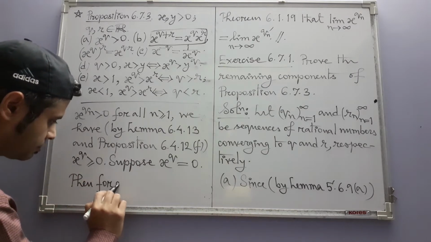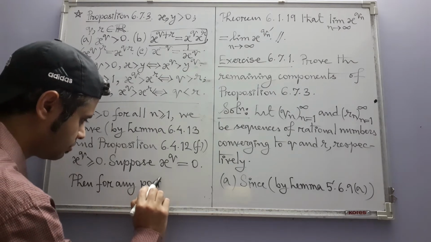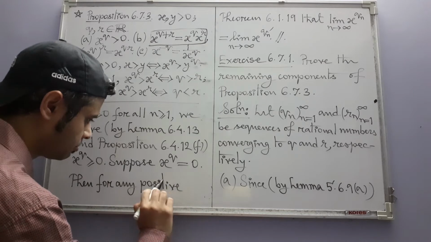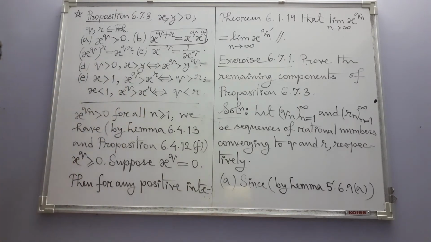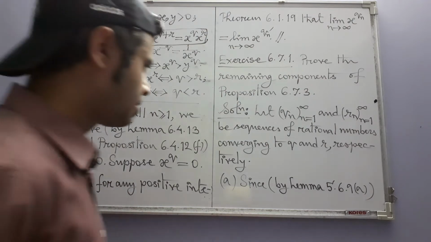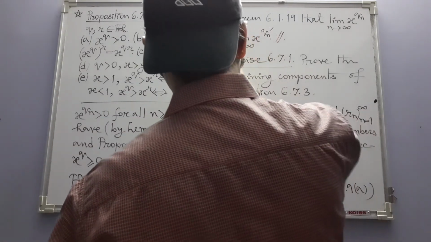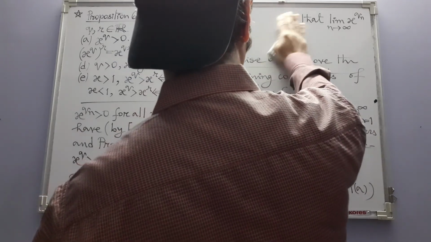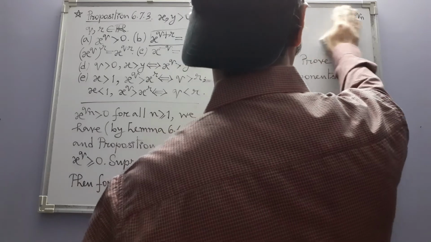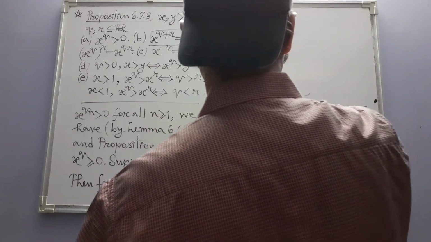for any positive integer, you will see that some arguments are similar. Going through this type of arguments, you will get a rough idea of what to do in a given situation.